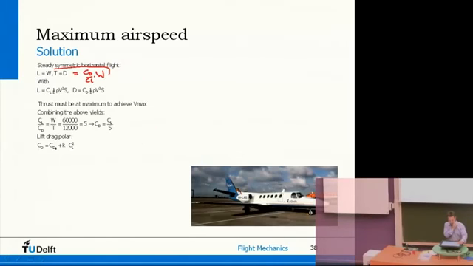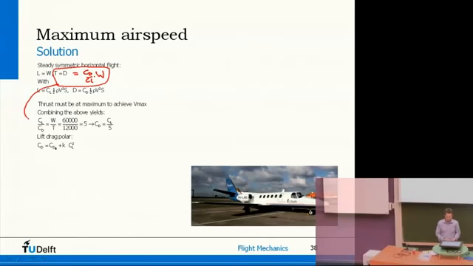So you can also say weight divided by thrust is equal to CL over CD. We have an aircraft weight of 60,000 newtons and 12,000 newtons of thrust. So CL over CD must be equal to 5 to fly in this maximum condition, because 12 kilonewtons is the maximum thrust.